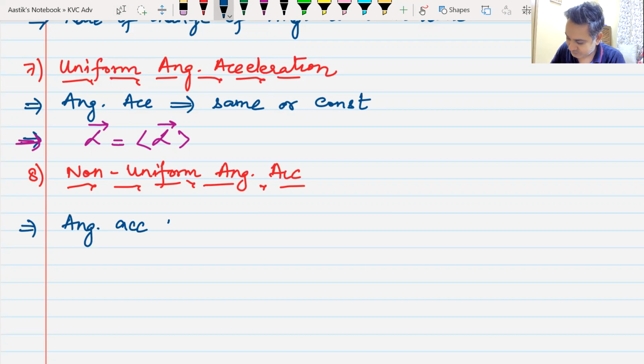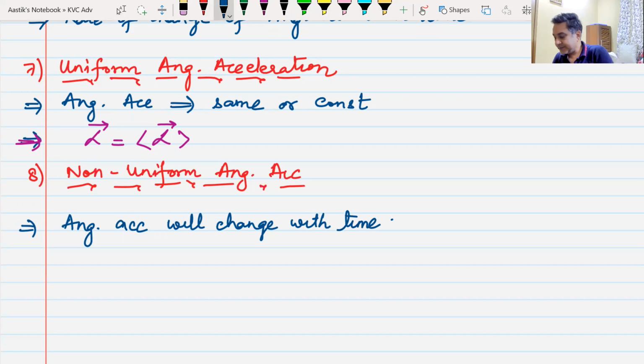Angular acceleration will change with time. Do we understand this? Yes or no? Yes, sir.